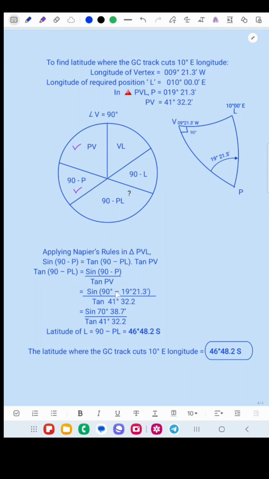So sine of 90 degrees minus 19 degrees 21.3 divided by tan of PV. PV we have already calculated, 41 degrees 32.2. So sine 70 degrees 38.7 divided by tan 41 degrees 32.2. So 90 minus PL, that is the latitude of L, is 46 degrees 48.2 south. The latitude where the GC track cuts 10 degrees longitude is 46 degrees 48.2 south.